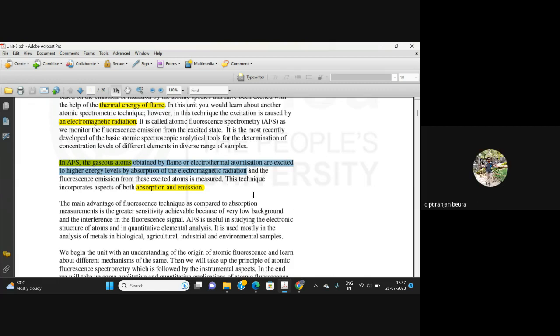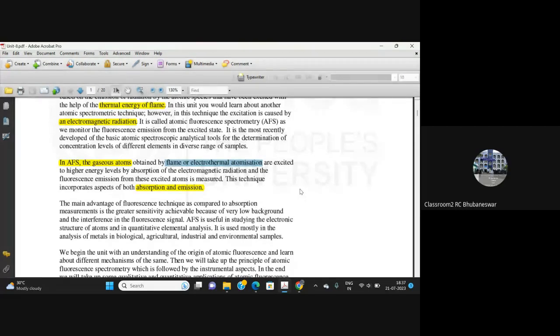Are you noting down that here also you are using a flame or an electrothermal atomization process? If you remember, the electric arc or plasma and all those things are there for atomization. That part you are doing here.